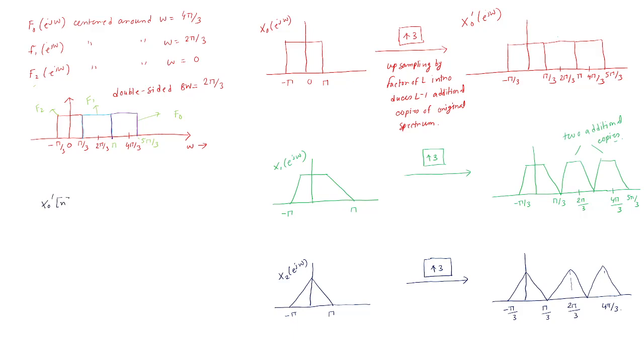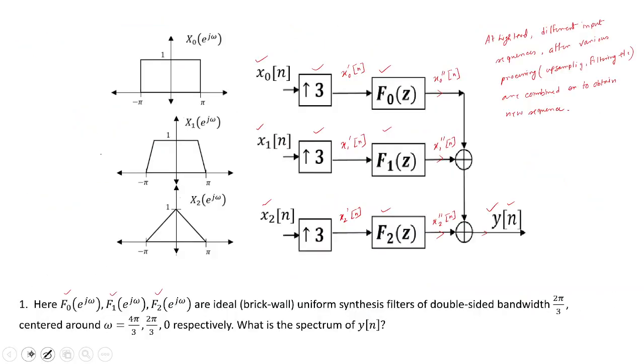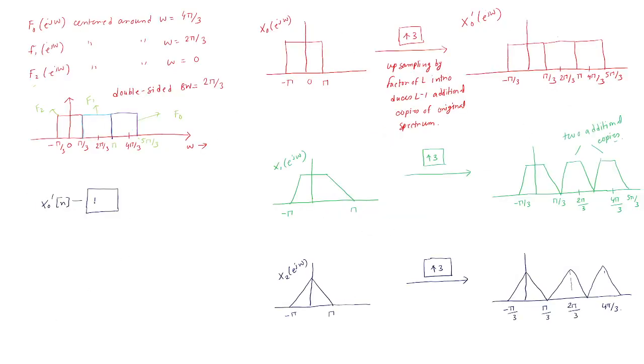X naught dash of n passes through this filter F naught of z, x1 dash passes through filter F1 of z, and x2 dash of n passes through F2 of z.